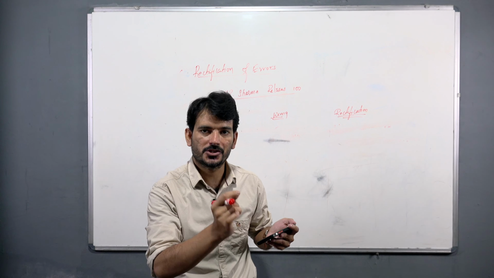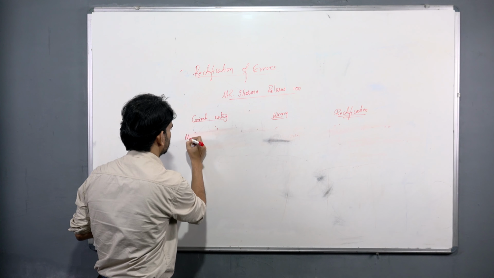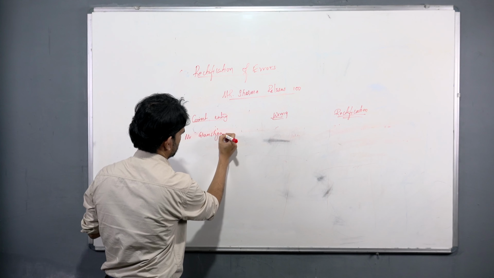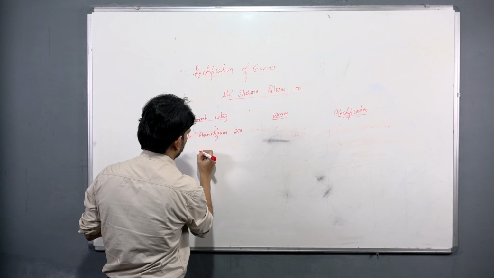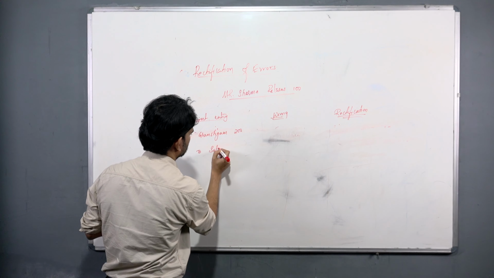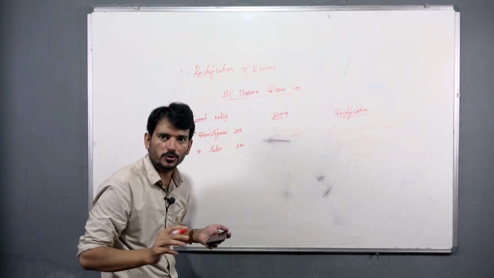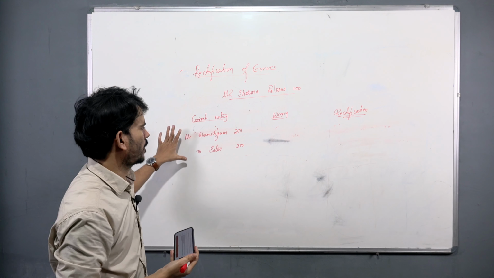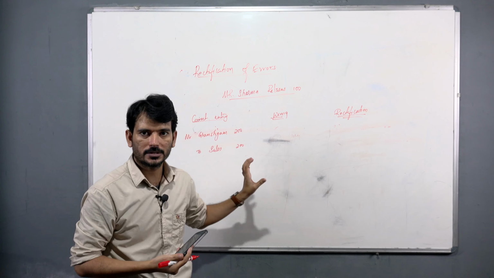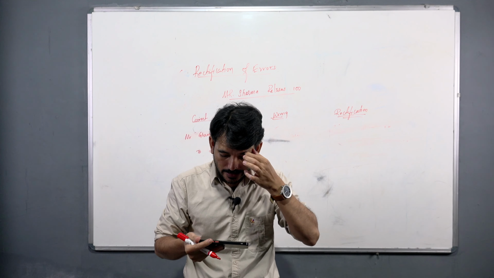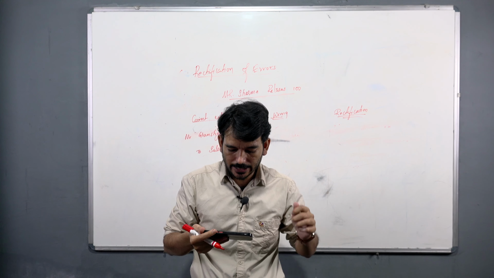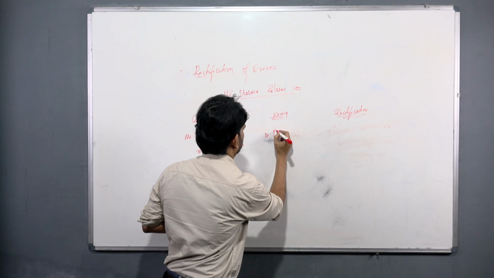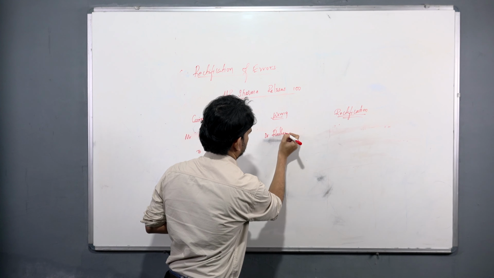We sold it to Gansham. So the entry should have been Mr. Gansham 200 to sales 200. So unless you know the general entries, it is difficult to understand this topic first of all. Okay. The entry should have been Mr. Gansham to sales. But what this fellow has done, he has posted to the debit of Radhesham. So he has debited Radhesham.